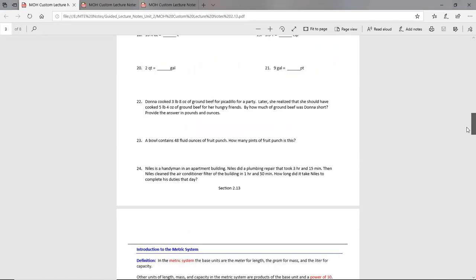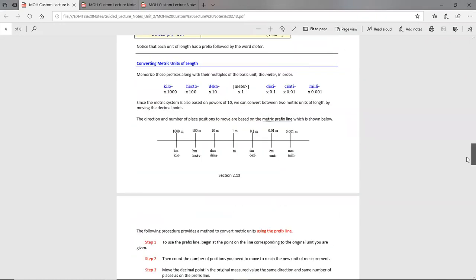Then we finished the lecture talking about conversions in metric, which all had to do with this little line right here, the different types of units: kilo, hecto, deca, the regular units, deci, centi, and then milli, whether you're talking about meters for distance, grams for weight, or liters for capacity.